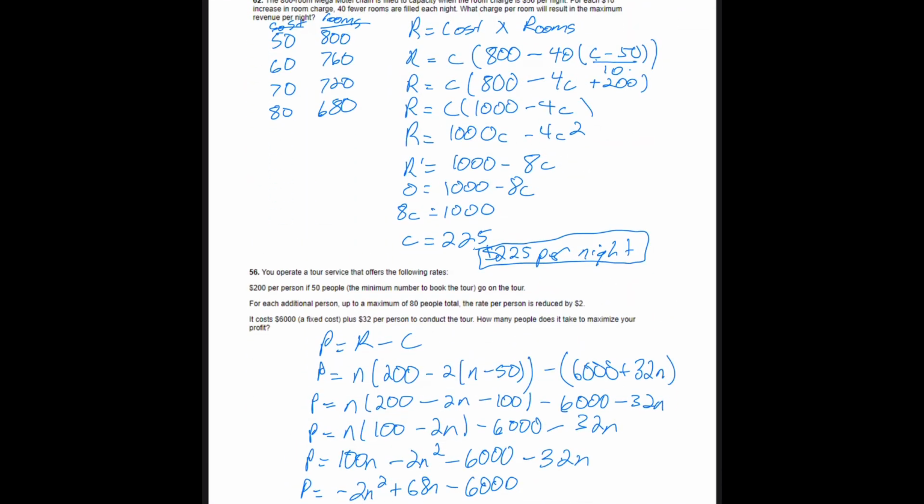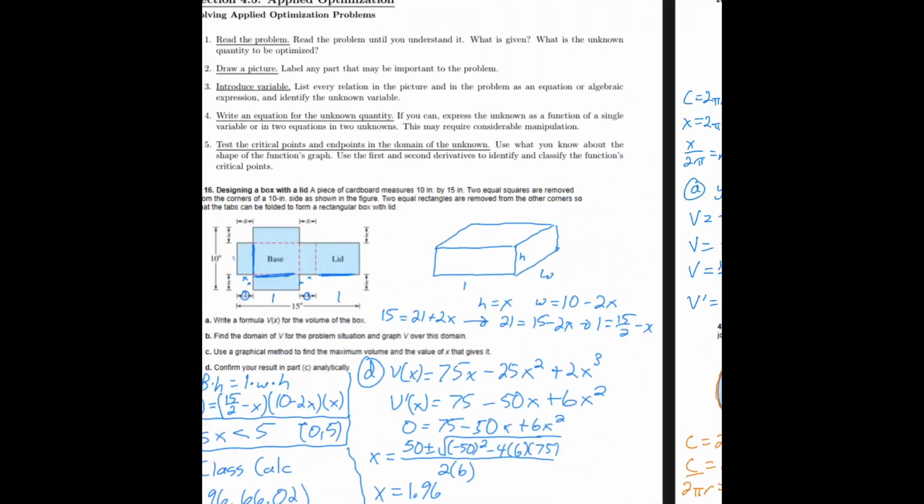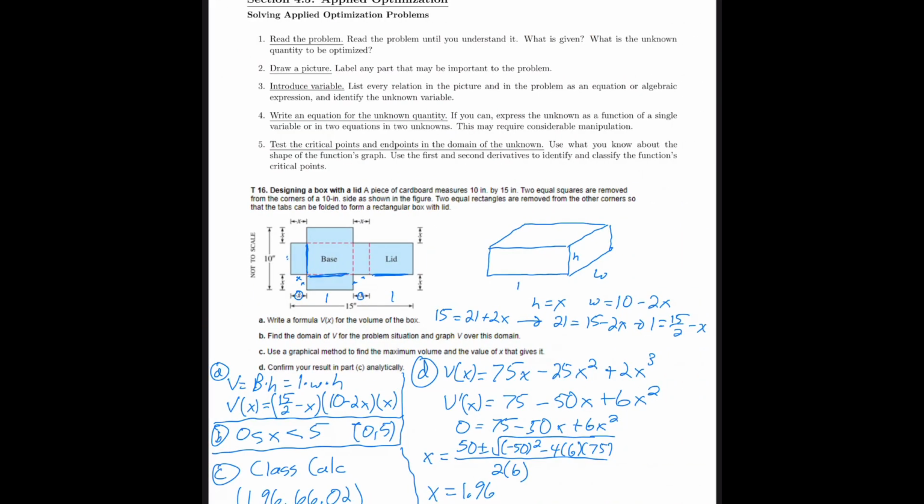So to maximize the profit, you want to have 67 people go on the tour. I feel like I did something wrong on this one. No, we got the right answer. 17 in addition to the ones we started with. So in addition to the 50 people, this would be 67 people go on the tour.